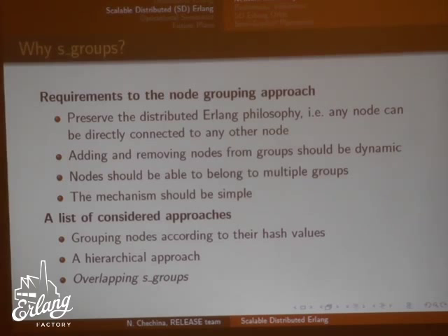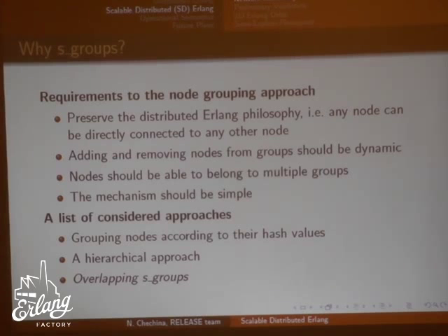So we considered a few approaches. The first one was according to hash value. That's a pretty popular idea, and we thought about it. But then removing and adding nodes to groups becomes pretty complicated and brings more headache than positive things. Then we thought about a hierarchical architecture.